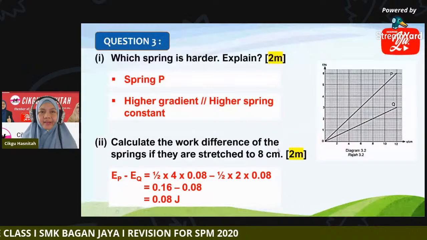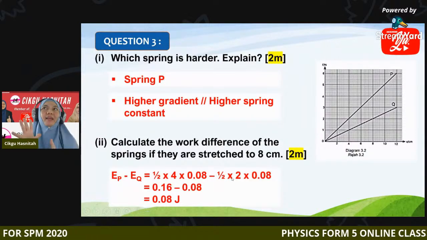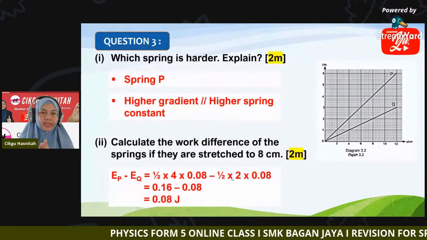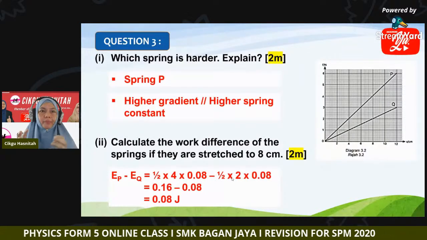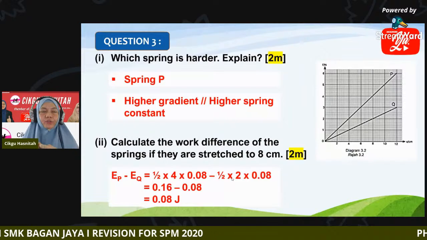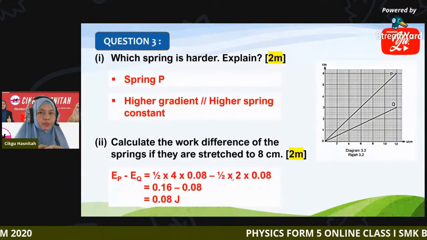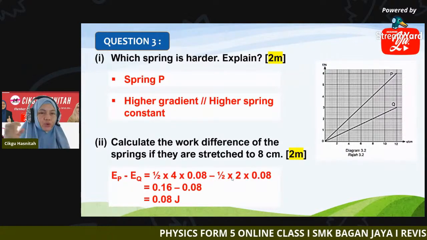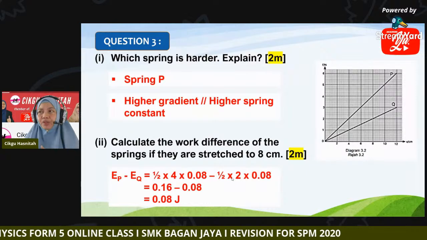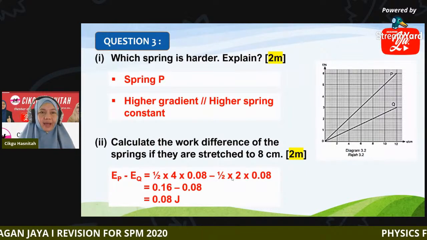The work difference is represented by the elastic potential energy stored in the spring when the spring is stretched or compressed. So how to find this elastic potential energy? By calculating the area under the graph.